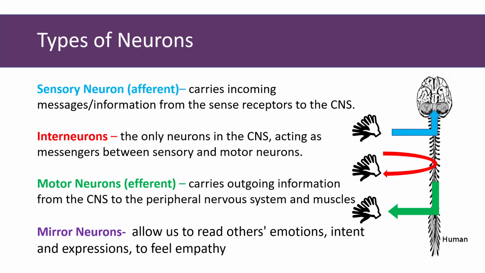There's one more type of neuron, and this is actually a very new discovery in neuroscience. When I started teaching psychology 5 years ago, this had not been discovered. And when I explain what a mirror neuron is, it will make complete and total sense to you. So a mirror neuron, think of a mirror, it allows us to read others' emotions, their intent and their expressions, and to feel empathy.